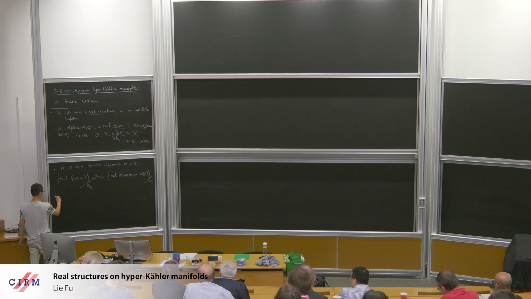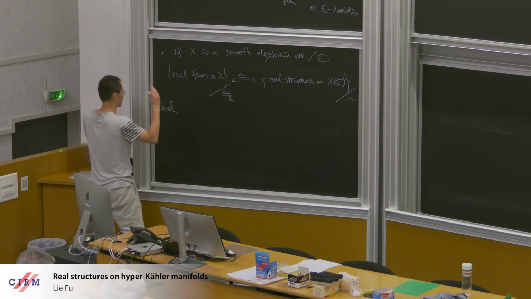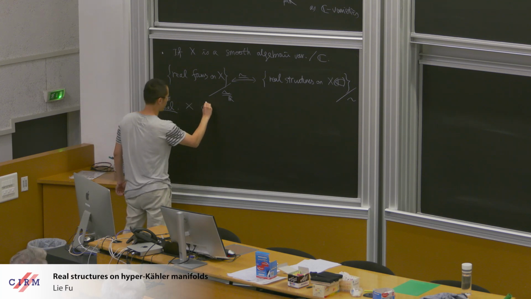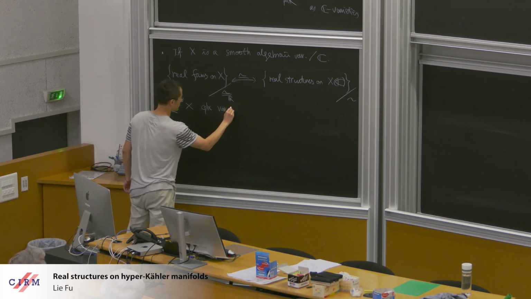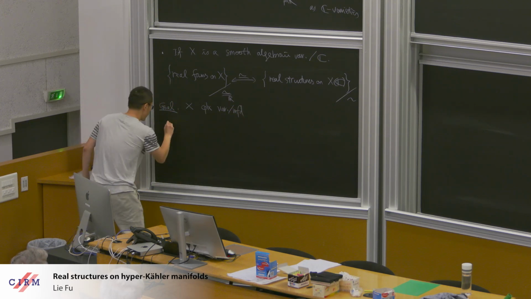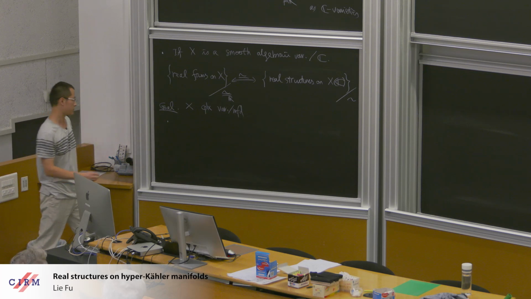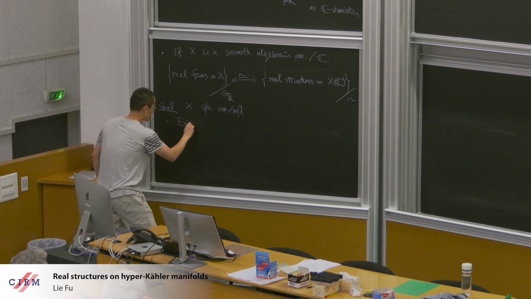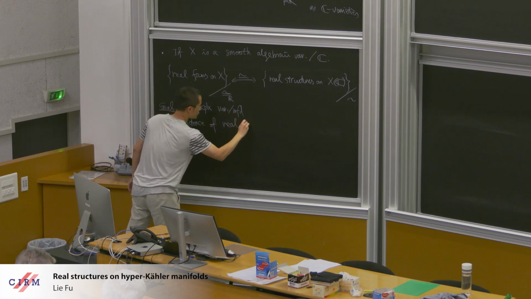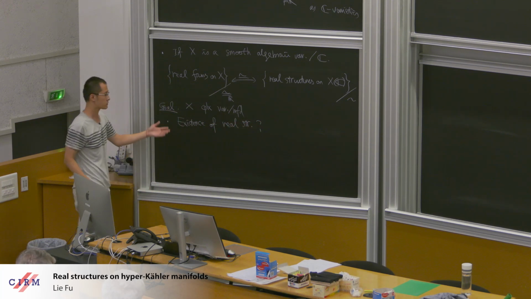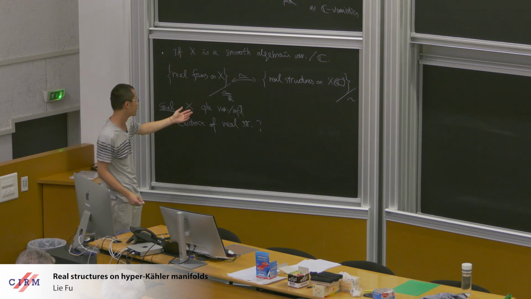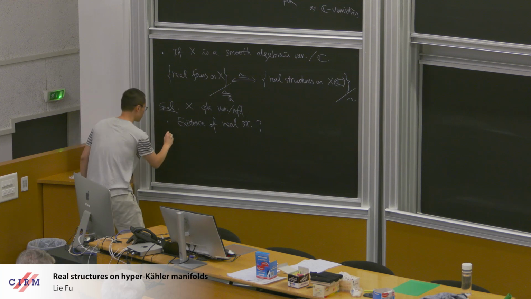And the ultimate goal for this kind of question is that if X is a complex algebraic variety or a complex manifold, we can ask whether there exists a real structure. That's the question of existence of real structures. An obvious necessary condition is that X is isomorphic, or biholomorphic, to its conjugate complex manifold.